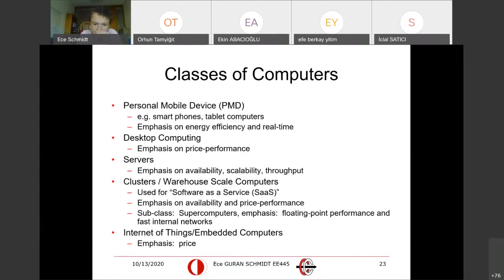Servers are basically more designed for availability and throughput.